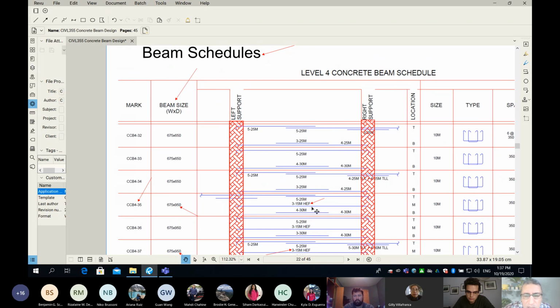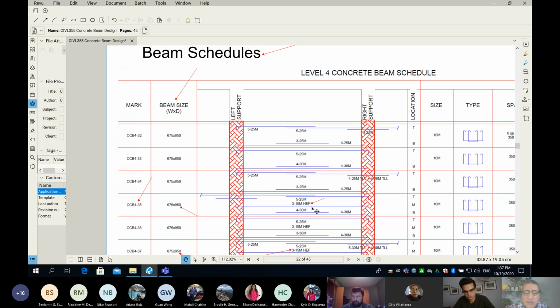Otherwise, if you don't have a schedule, it will be messy, because you have to trace where the reinforcement is everywhere in the drawing and change it. It will be super confusing if the contractor looks at the drawing and somewhere it says 420M and somewhere else it says 425M. You will get phone calls and go crazy. So schedules are important, very handy.